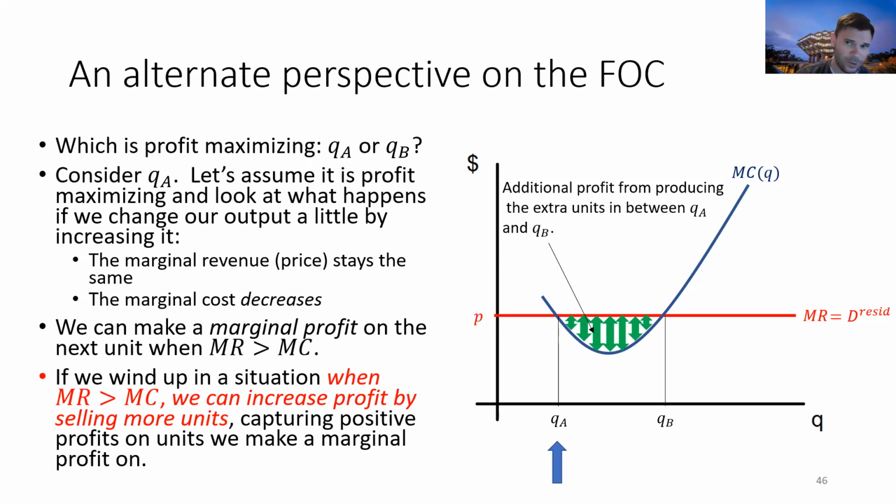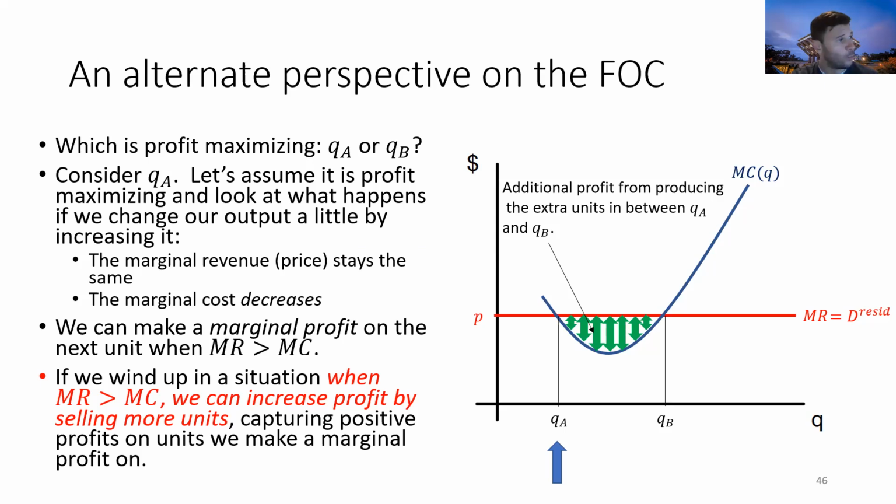Okay, so A, we've argued here, is not profit maximizing, but it does satisfy the first order condition. And if it's not a max, it might be what? That could be a minimum. It's actually exactly what that is then. QA is actually a profit minimizing allocation.